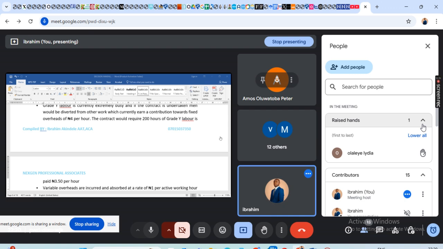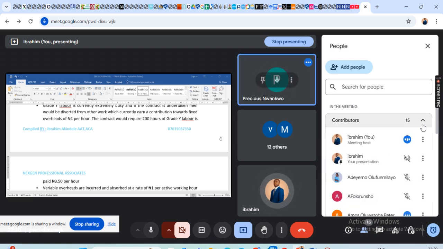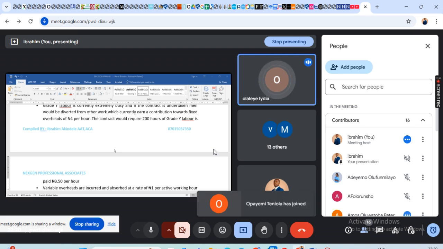Lydia, go ahead. The relevant cost will be 3 naira 50 kobo per hour, and as the contract requires 200 hours of grade Y labor, we will have 3 naira 50 kobo per hour multiplied by 200 hours, which is 700.